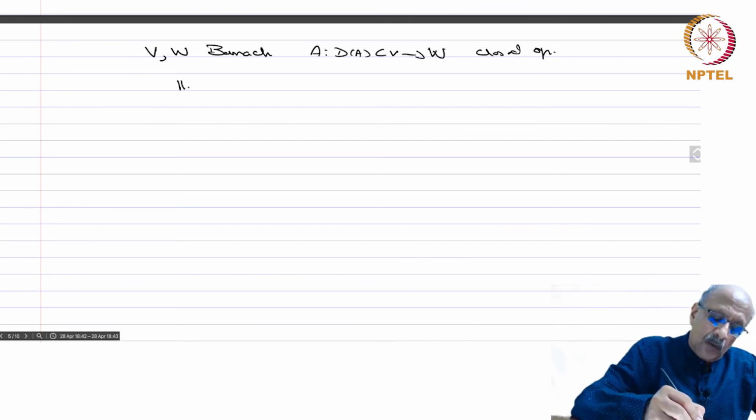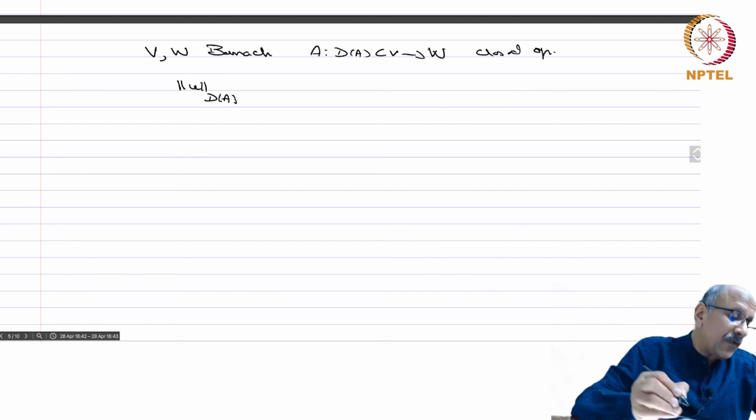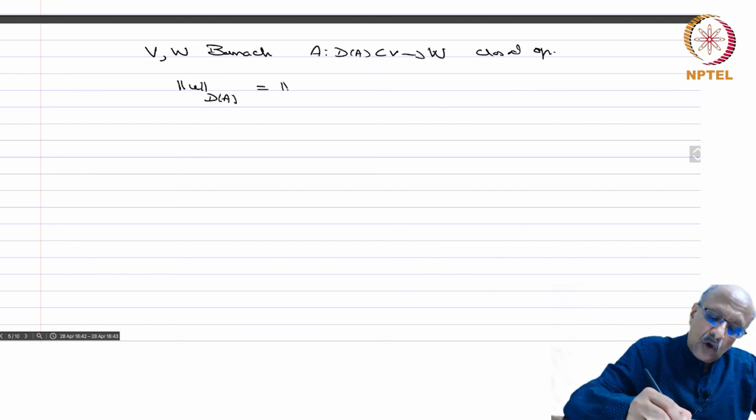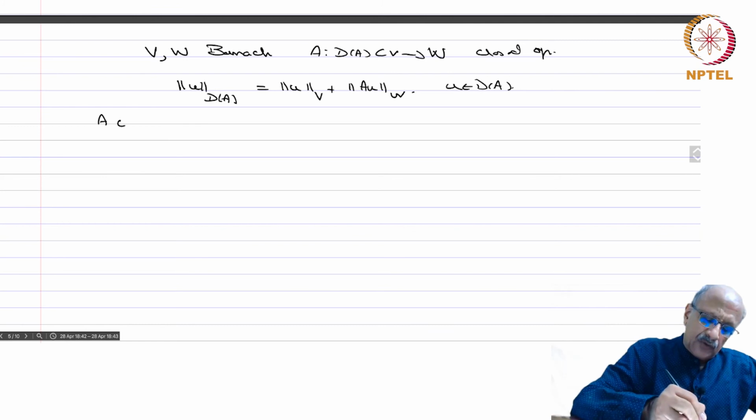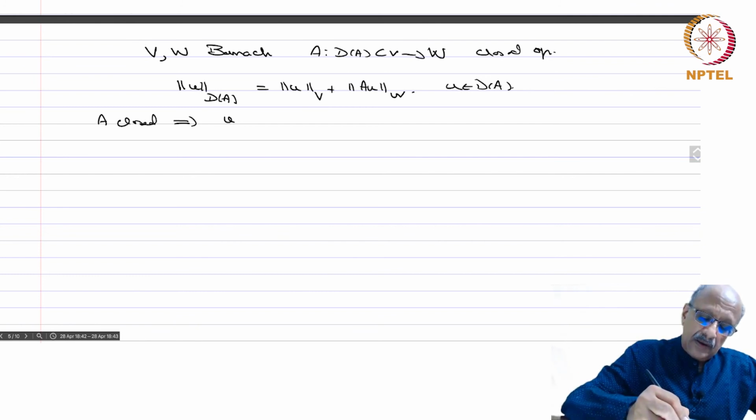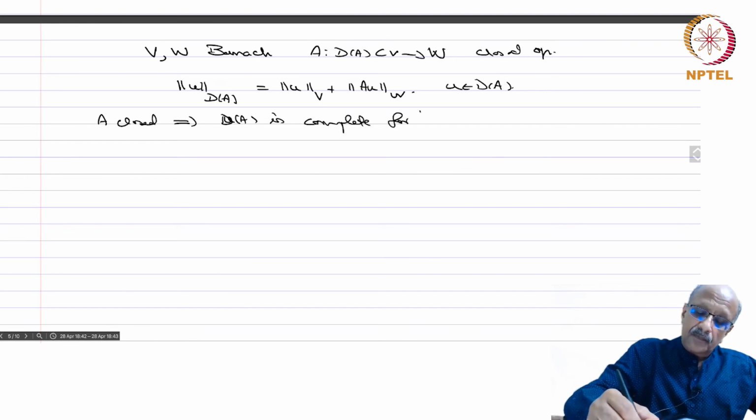Then we define the graph norm on the domain of A as the norm of u in V plus the norm of A u in W, for u in D of A. Then A closed implies that D of A is complete for this norm.